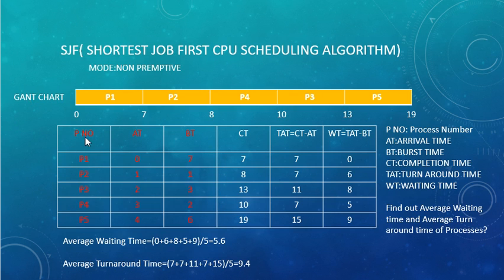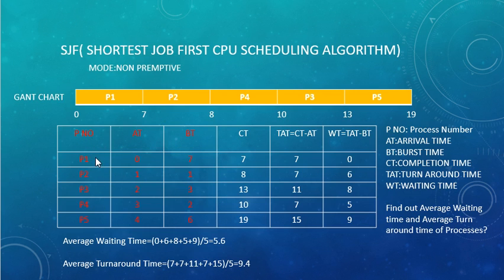In the table, the first three columns, with headings process number, arrival time and burst time, are given in red color.